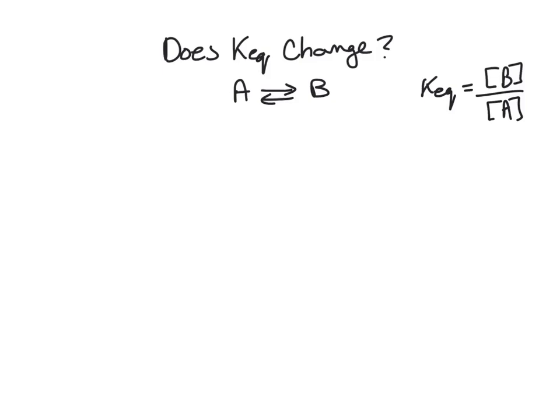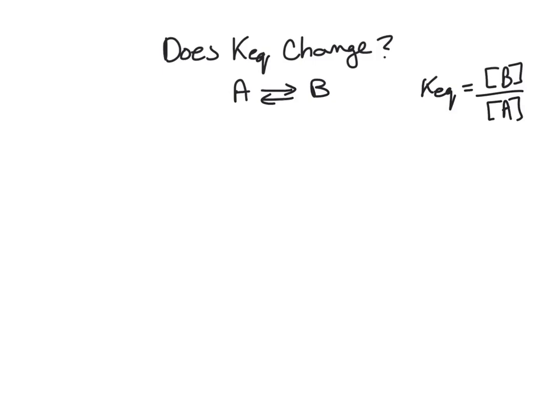And we talked about K being a constant. Is it really a constant all the time, or is there anything that causes the value of K to change? Let's look at the stresses we discussed when we talked about Le Chatelier's principle and see if these stresses will affect the value of K.